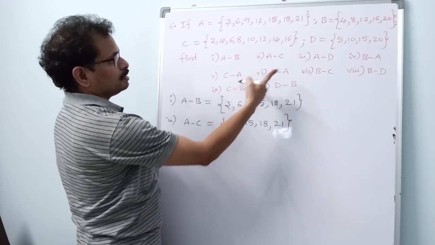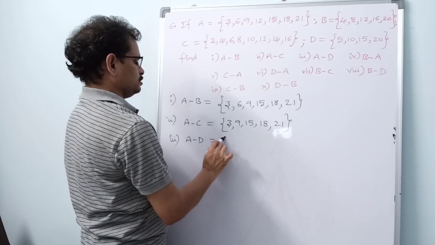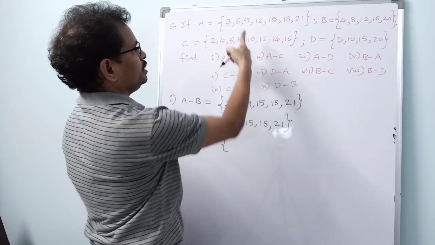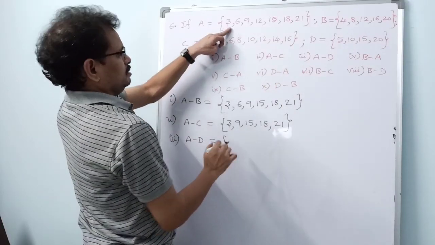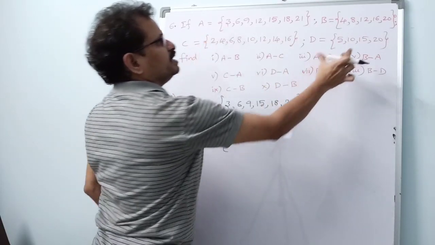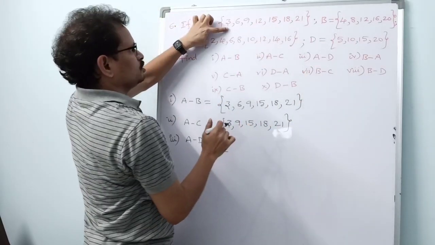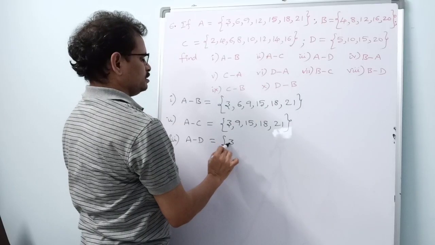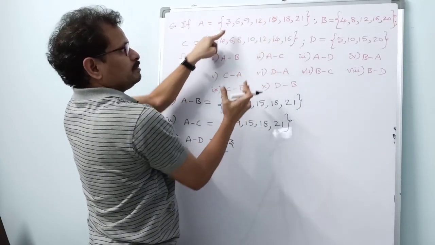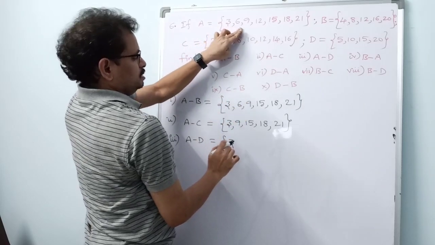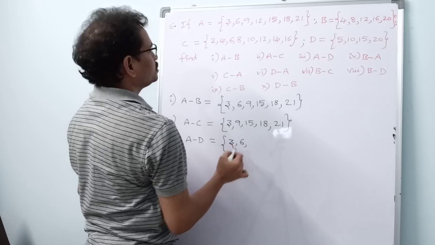Next, A minus D. What is A minus D? Same logic. If any of these elements are there here, remove only those elements. 3 is there in D, so 3 is not to be written. Hmm, all other elements should be retained. 6 is not there, so write down 6.